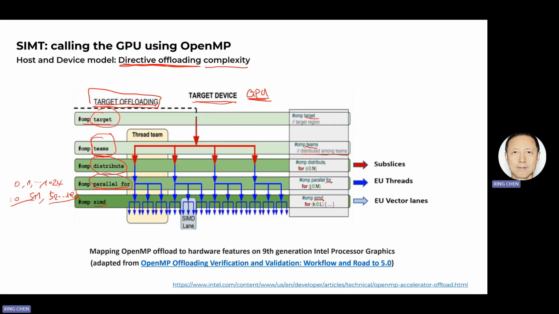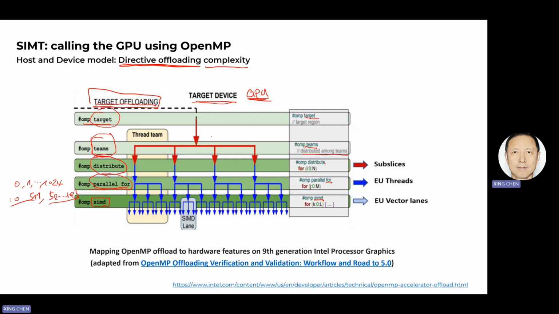So if you have millions of threads, your parallel for loop has to be distributed onto these millions of threads. Each thread is going to be working on just a very tiny part of this for loop. And then you need to work out how the SIMD will be dealt with.